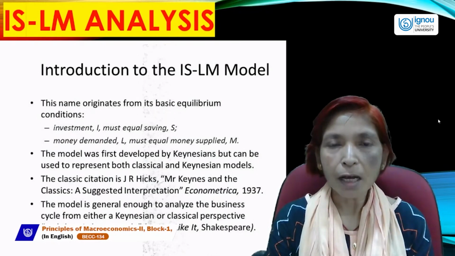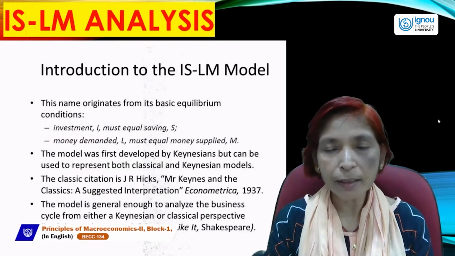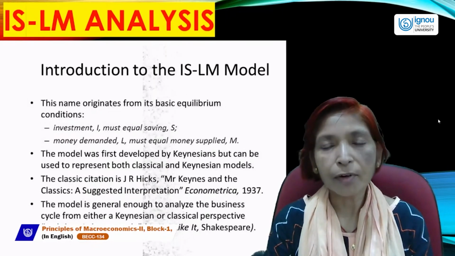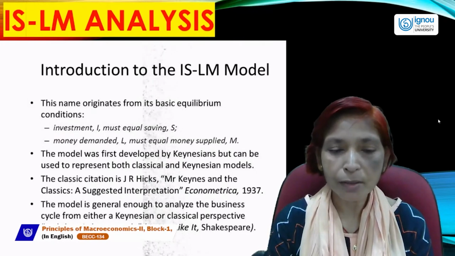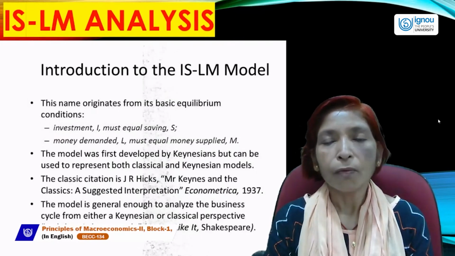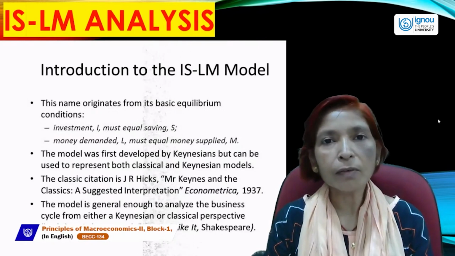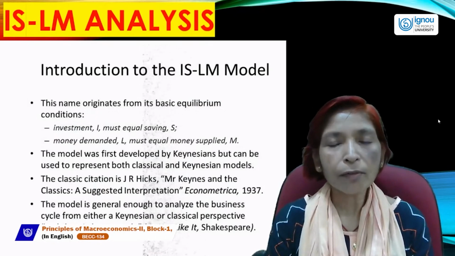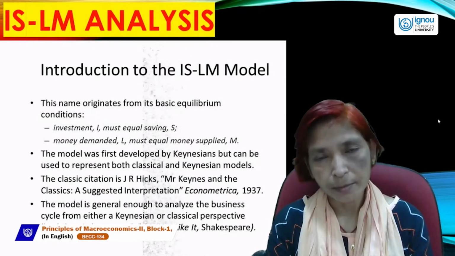So supply is always directly or positively related with the rate of interest. That's why supply of loanable funds is always an upward sloping curve. According to classical economics, where the demand curve and supply curve of loanable funds intersect, the equilibrium rate of interest is determined.